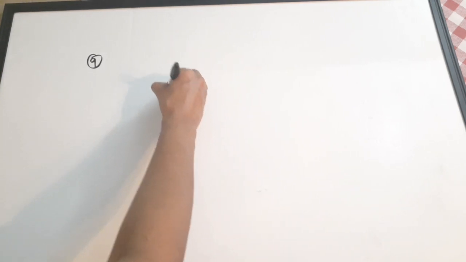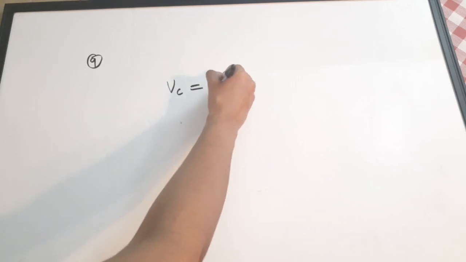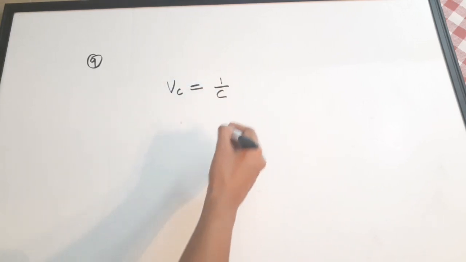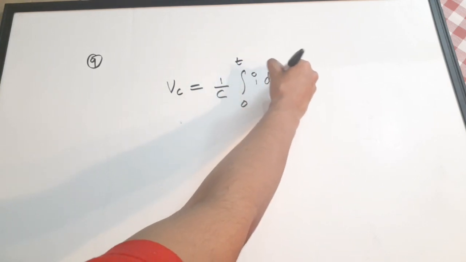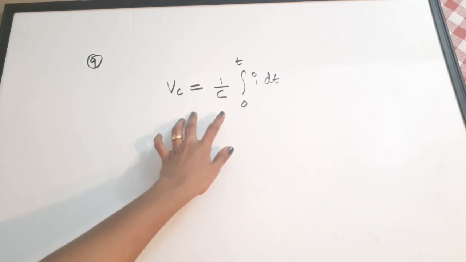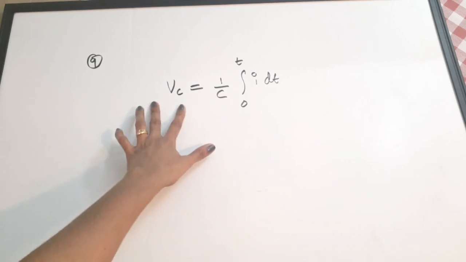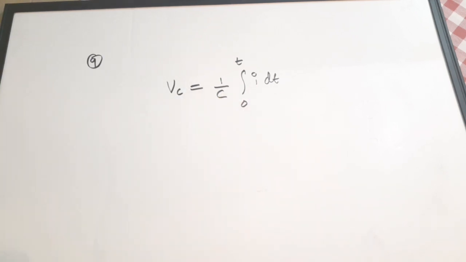So we can write VC, the voltage across a capacitor, is equal to 1 by C integral 0 to T I dt. This is the general equation for the voltage charging of a capacitor in terms of current.